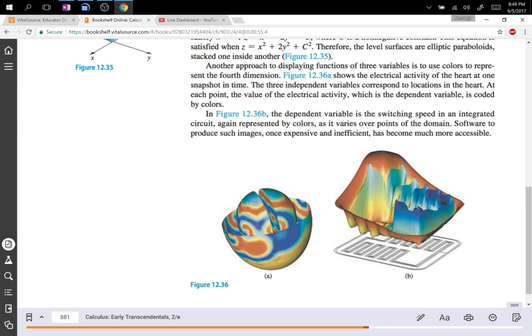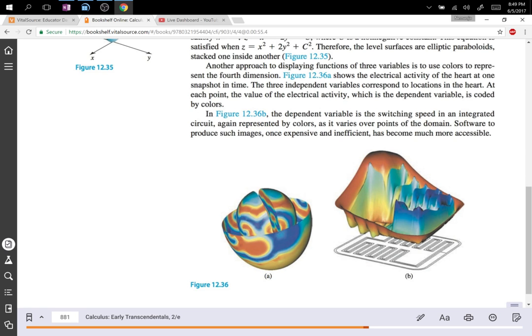But you can also think of that as blue being a low value and red being a high value, and then just apply density to it. So the object is going to be more dense whenever its shades go into red and less dense going into blue. So you use the color to give the scale for the 4th dimension, because you can't really graph it.